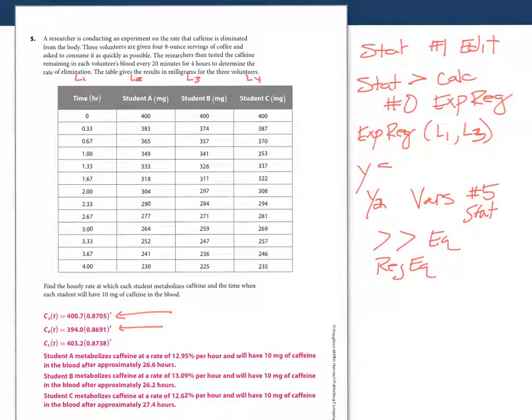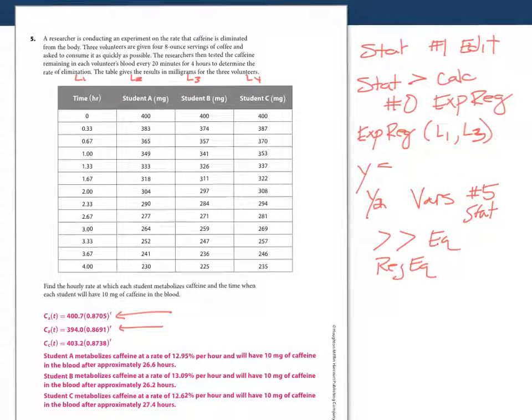Once you've done that, we can now go ahead and answer these questions. It says student A metabolizes caffeine at a rate of 12.95% per hour and will have 10 milligrams of caffeine in the blood after approximately 26.6 hours. So where do you get that?